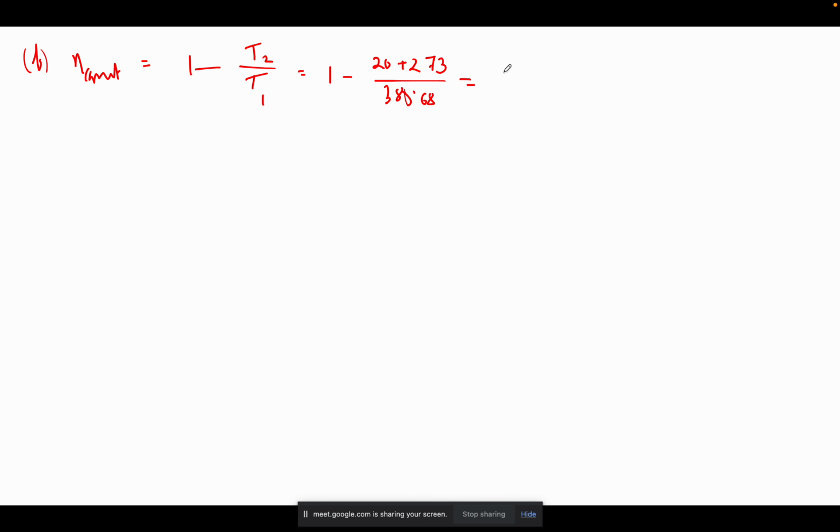So you will get this as 0.2303, and in percentage, you can write this as 23.03%, or you can say that this Carnot engine is 23% efficient.